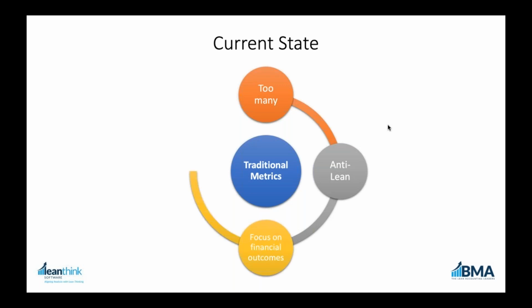Most traditional type measurements are outcome based, and a lot of them will have a financial focus. Finally, long feedback loops. Between the time you get the measure and you're looking at what happened, trying to understand what happened, it's too long of a time frame.